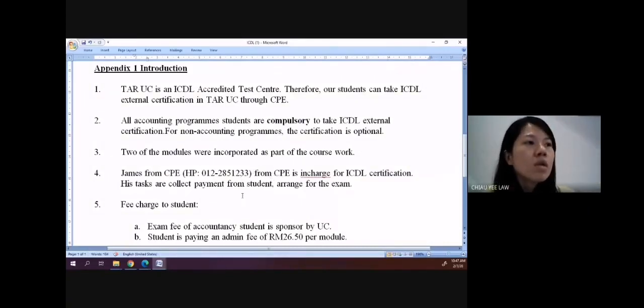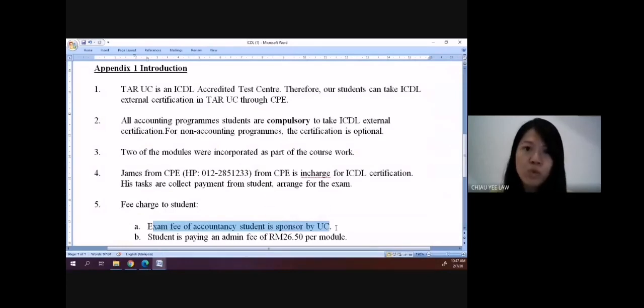The exam fee per module is around 100 something USD, which is around 600 ringgit in Malaysian currency. But TAUC is going to sponsor the exam fee for you.